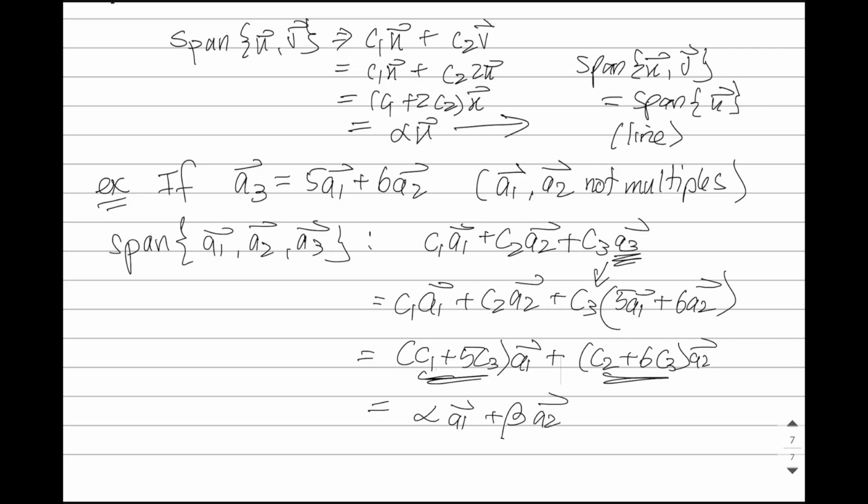So what it's telling me is that those three vectors aren't really different. The span of the three of them isn't going to give me anything different than the span of just a1 and a2. And these two examples give me a clue as to what it means for us to be different. We're going to make an important definition.